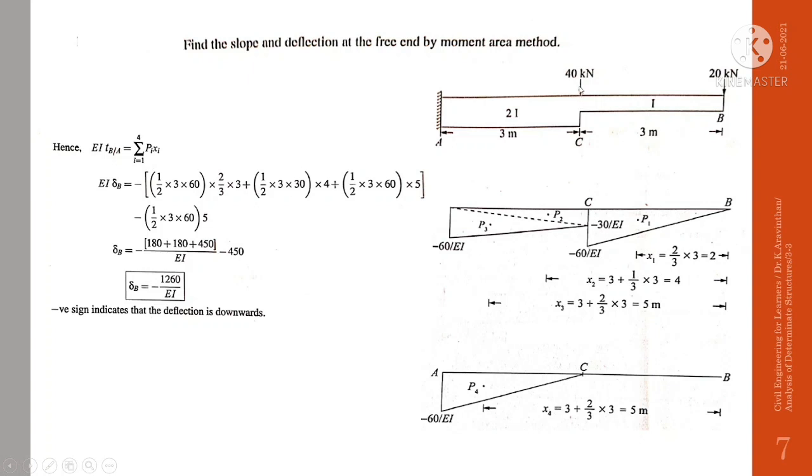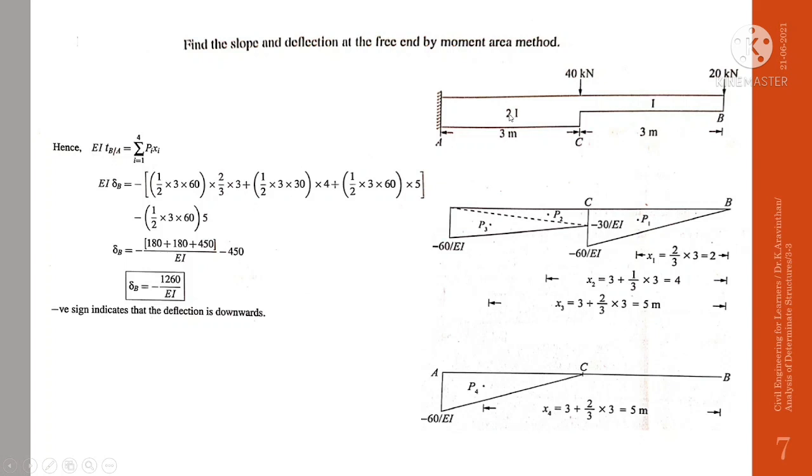And for the next section, let us take the single 20 kilonewton load here. So 20 into the total distance, which is 6. So 20 into 6 is 120 by EI. In this section the EI increases, so you have to divide by 2I.